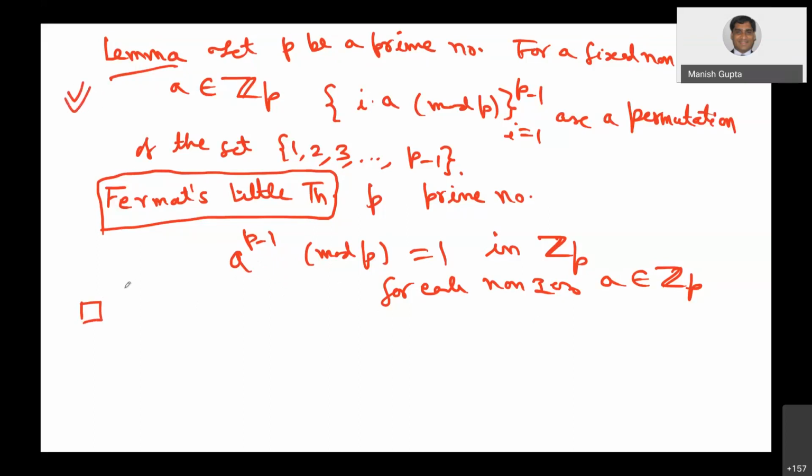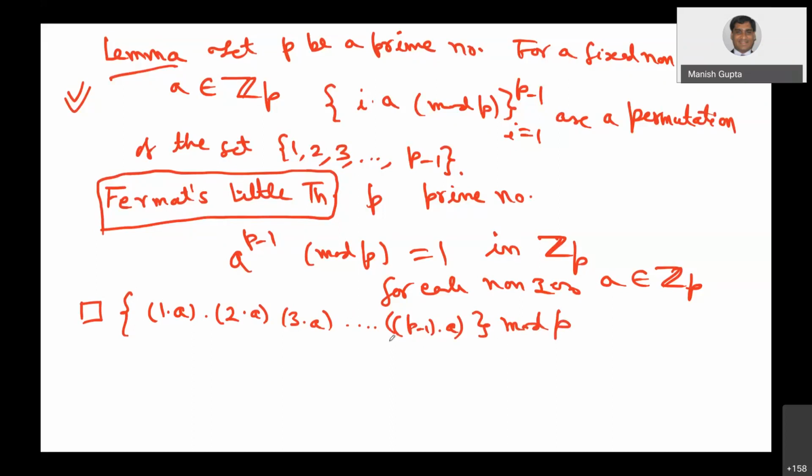So let us do something very simple. I consider the set 1 times a, 2 times a, 3 times a, up to p minus 1 times a, modulo p.